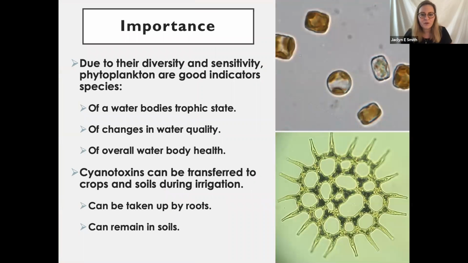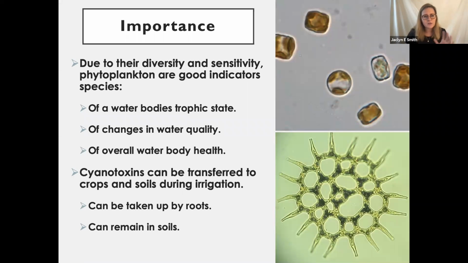So why are these guys important? Basically, they're actually really excellent bioindicators. So due to their highly sensitive, very diverse nature, they can not only be an indicator of just a basic trophic level or trophic state of a water body, but they can even indicate water quality changes and just the overall health of a water body.